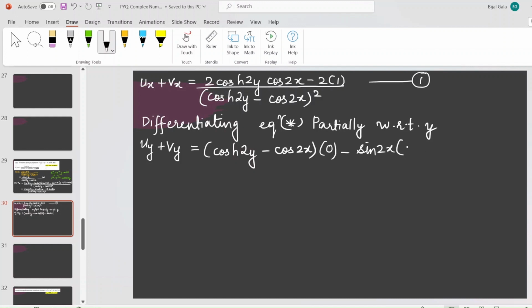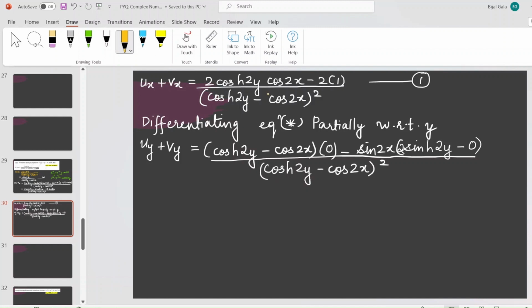So derivative of cos hyperbolic is sine hyperbolic. And because we have a double angle, that chain rule will give us a 2 here. And derivative of cos 2x will be 0. The entire thing divided by cos hyperbolic 2y minus cos 2x the whole square.